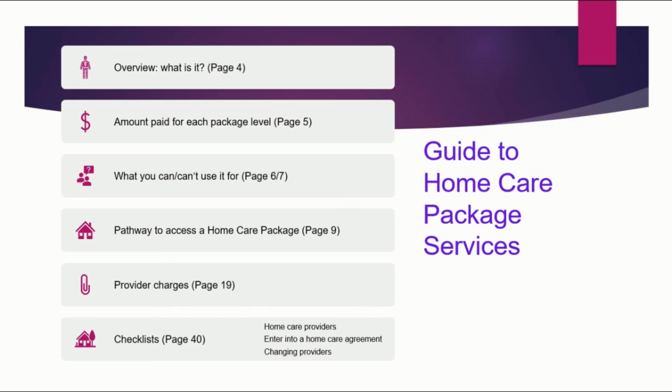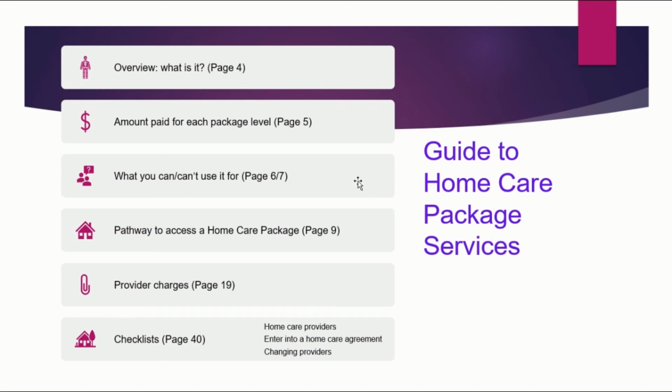Hey, so with the guide to home care package services PDF document, this screen shows the list of pages I found most useful. So first of all, what is it? The amount that you get paid for each package level, what you can and can't use for it.